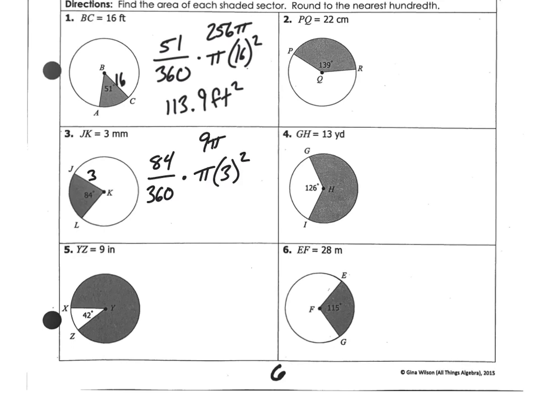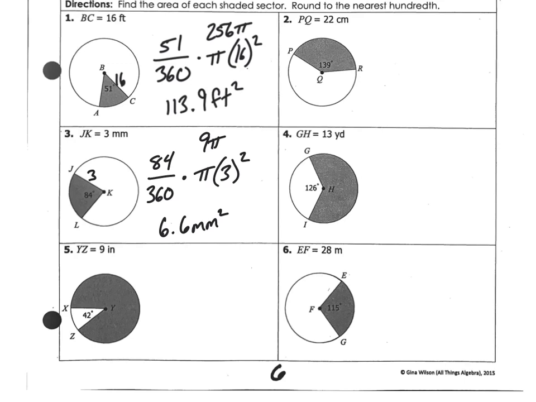So here we go, all at once in your calculator, open parenthesis, 84 divided by 360, close parenthesis, times 9, and then the pi button, and we get an answer of 6.6 millimeters squared. All right, if you don't have a calculator that has a pi button, you can use 3.14, and even if you are close, maybe you got 6.5 instead of 6.6, that's okay.